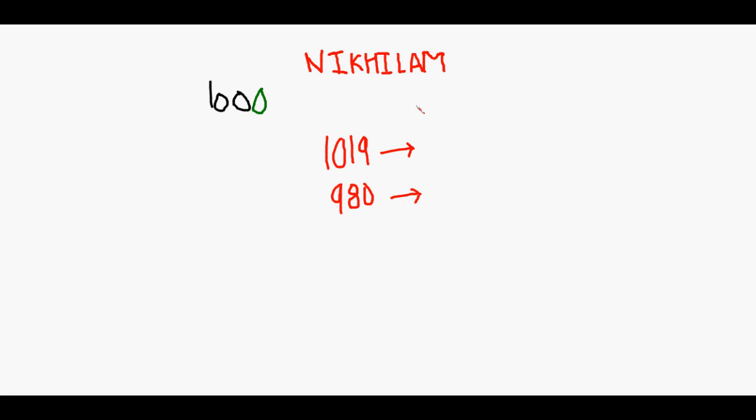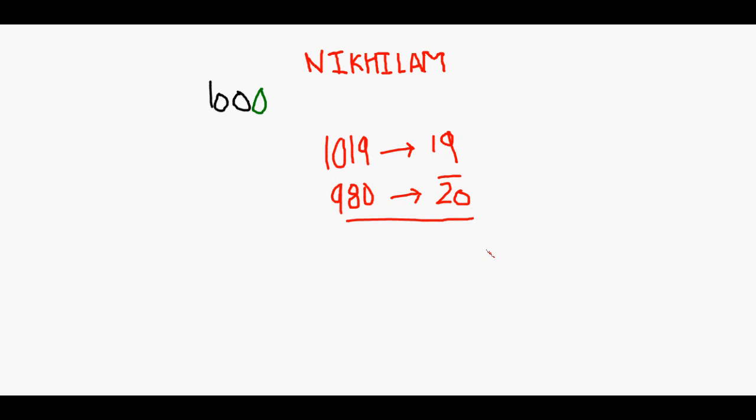What number should be added to 1000 to get 1019 is 19? And what number should be subtracted from 1000 to get 980 is 20? As 1000 is greater than 980, we have to write the bar on the 20. So see, same concept, but only we have amplified it to 4 digits.